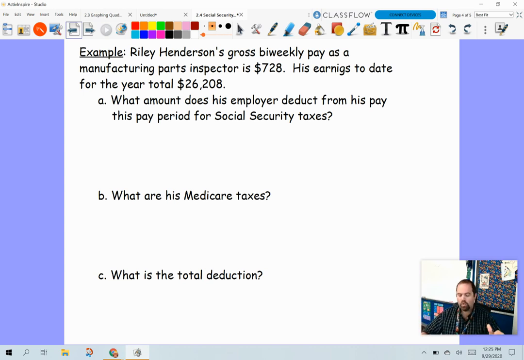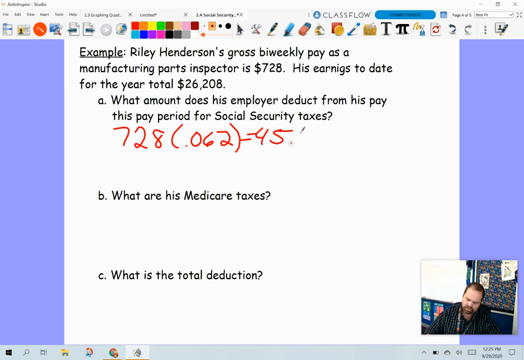So we're going to go through one at a time, calculate the Social Security, calculate the Medicare, and then add them together at the end. His Social Security, 728 times 0.062, 6.2%, is $45.14. Medicare, same 728, different percent, is $10.56.